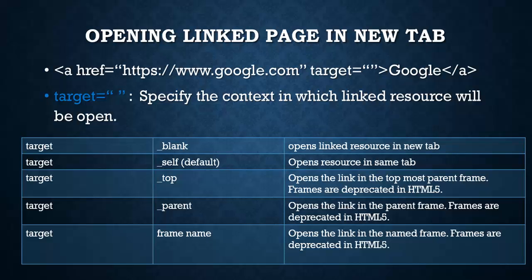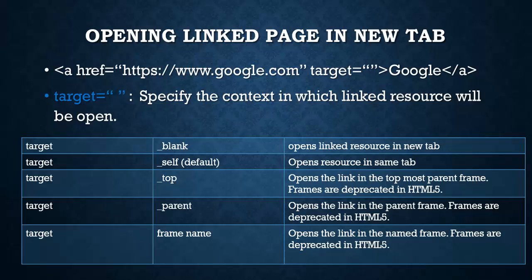So as you have seen, the target attribute is used to specify the context in which the linked resource will be opened. As shown on the screen, there are various possible values of the target attribute. The first possible value is underscore blank, which opens the linked resource in a new tab.